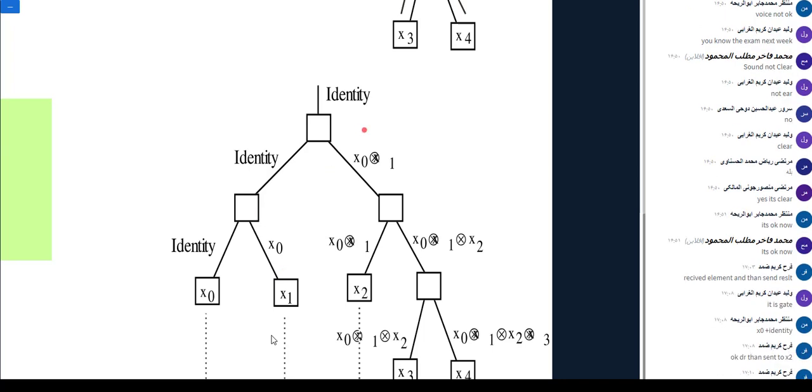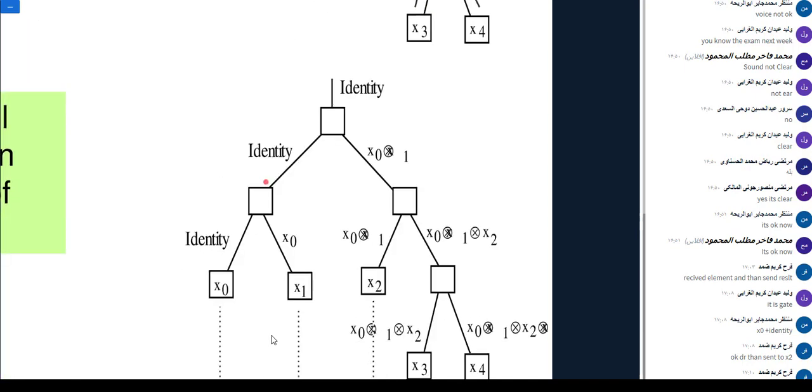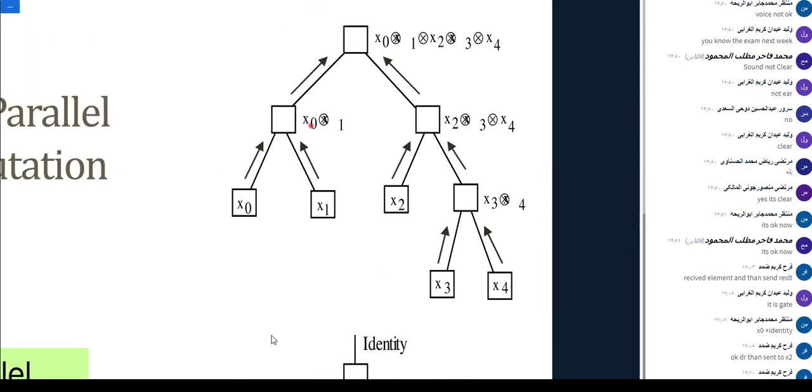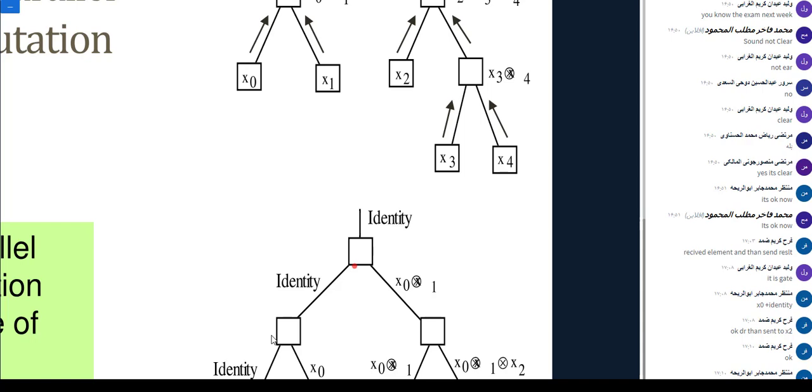So here in this one, what was in this one in the previous? X0 symbol X1. In the upward phase, the values have been computed. We are now in downward. So what is here? X0 symbol X1 from left, I from up.